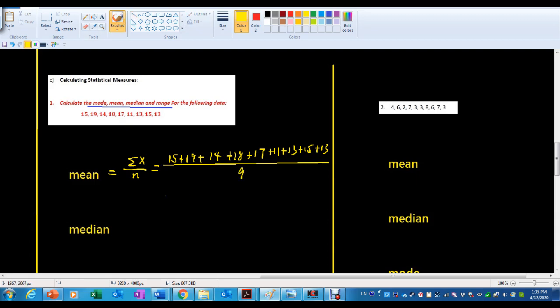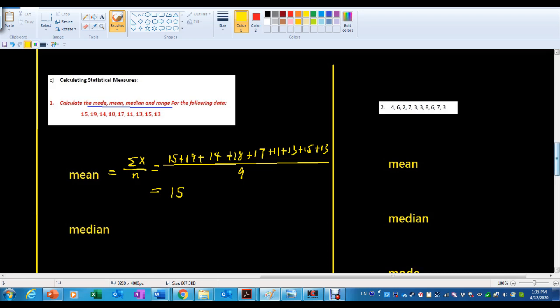The 9 data, right? You might use your calculator for that. So the mean will be 15.